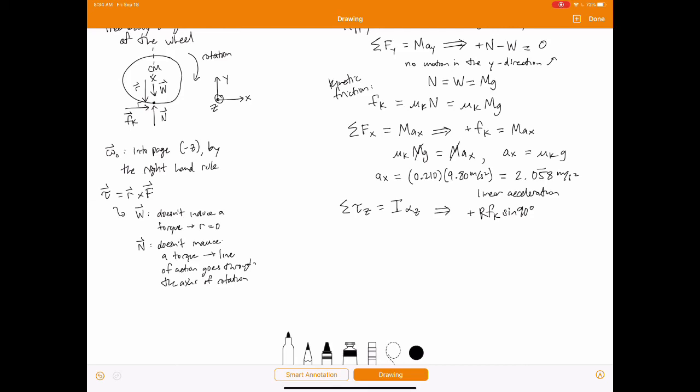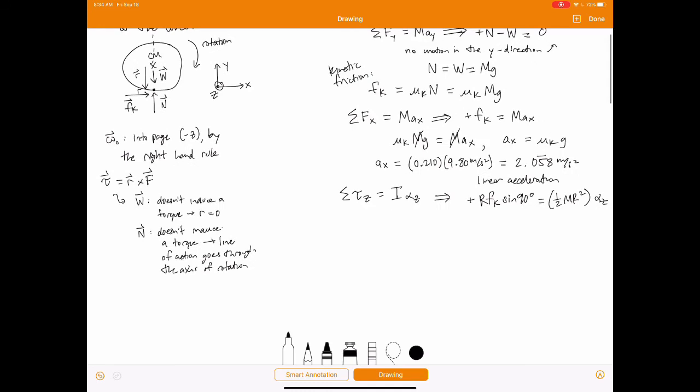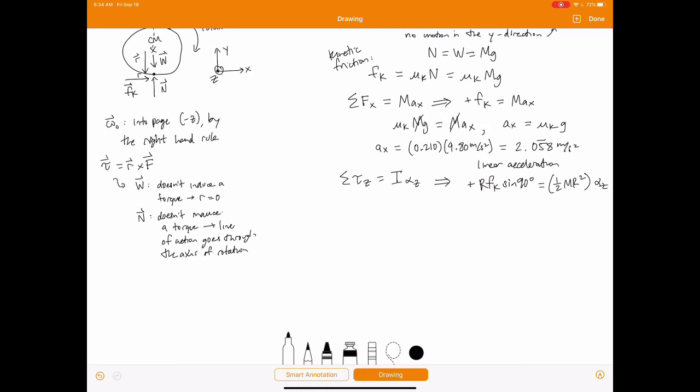All right, so on the other side of the equation, we have I, which is the moment of inertia, 1/2 mr squared, and then alpha z. The next step we can take is to replace Fk with mu k mg. We worked that out before.